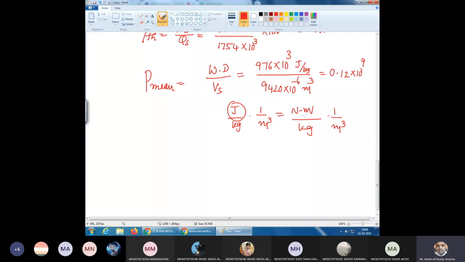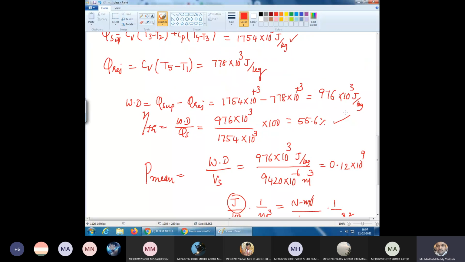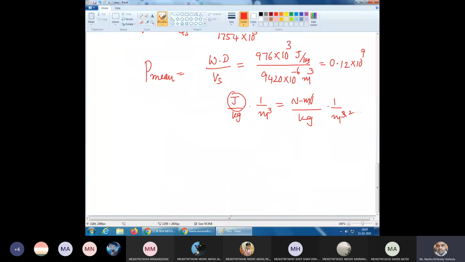The work done units are joules, but it is work done per unit mass.